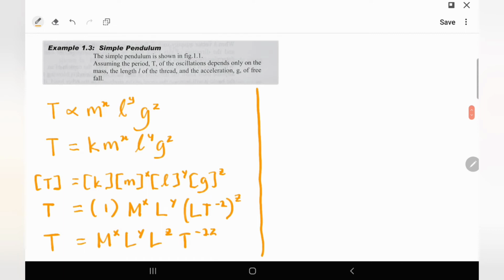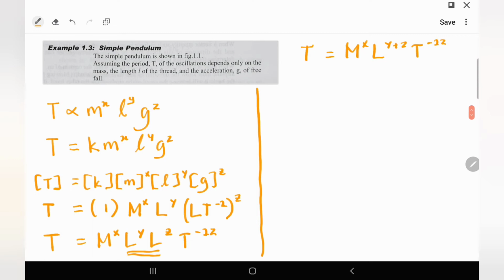Okay, we may combine these two L because they are equal, so that you will get T equals M to the power of X, L to the power of Y plus Z, and then T to the power of negative 2Z. Alright, so at the right hand side, what do we have?